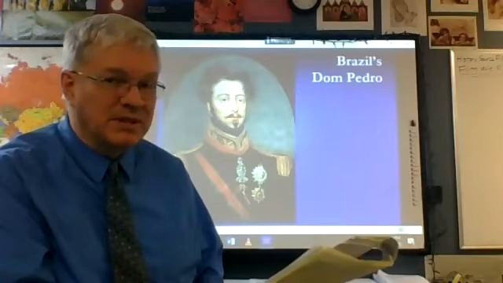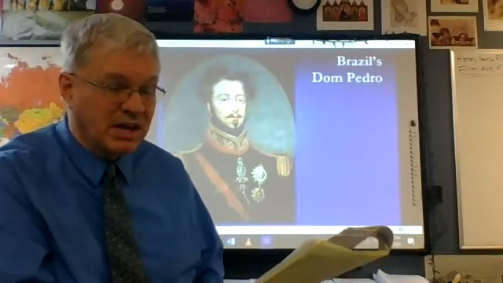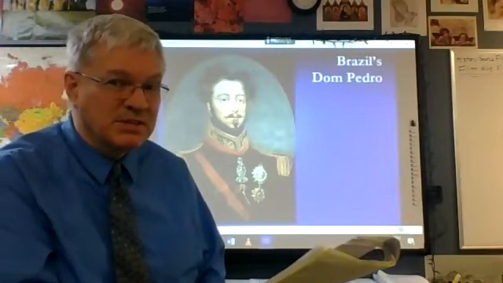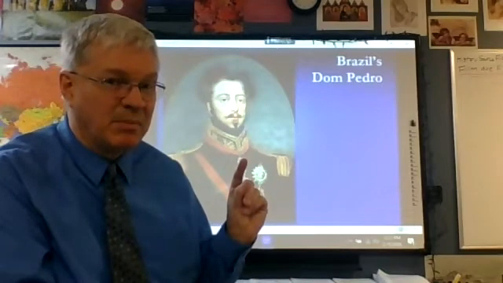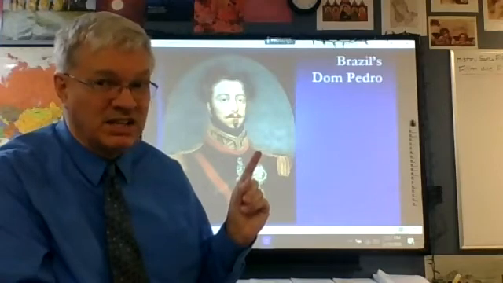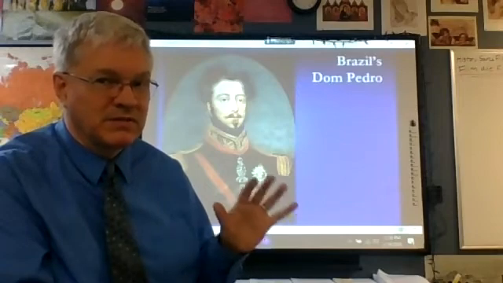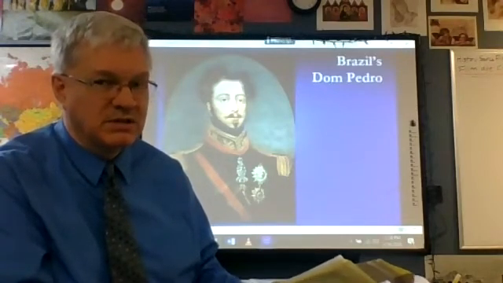Guess what kind of government they're going to set up? A constitutional monarchy. Guess who's going to be in charge of the Brazilian monarchy? Dom Pedro. Are they going to really change anything? No. The people who were wealthy and in charge of the land and in charge of running the show in Brazil are still going to be in charge of Brazil.